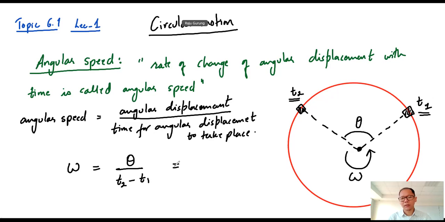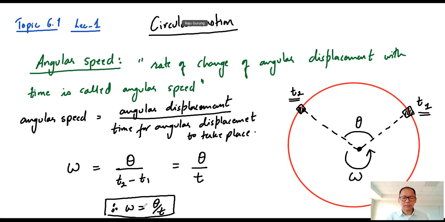If I call that time interval t, then I can write my definition even simpler, where t is the time interval between the two points. This is the basic definition of angular speed. Therefore, omega is just theta over t.